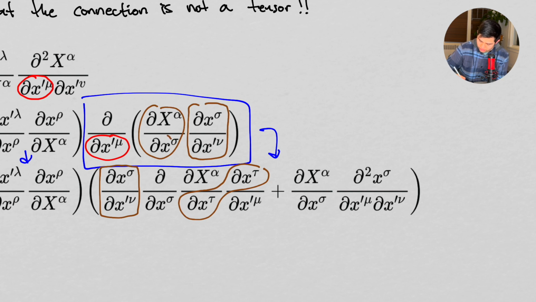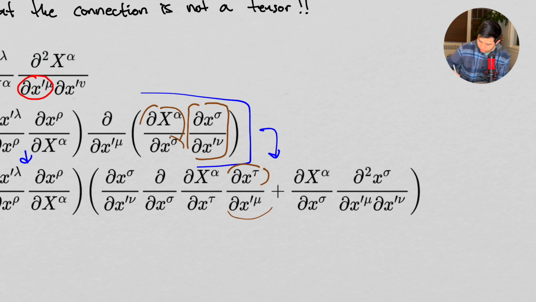This sigma is right here, and then this guy is right here. So you can kind of see how this works. We have some product rule going on, and some chain rule going on too. And then I'll erase just to make things a little clearer.